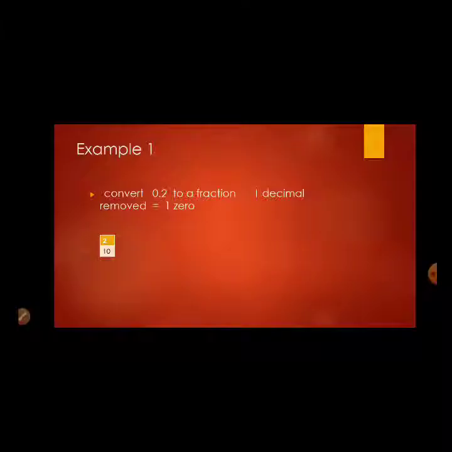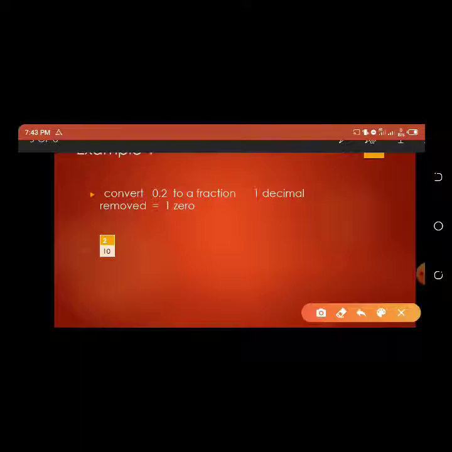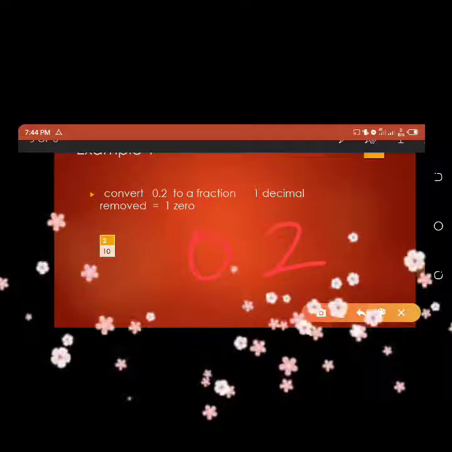We are given a decimal 0.2, and we are asked to convert it to a fraction. Now what you should do is count how many decimal points you have to move to turn your decimal to a whole number.